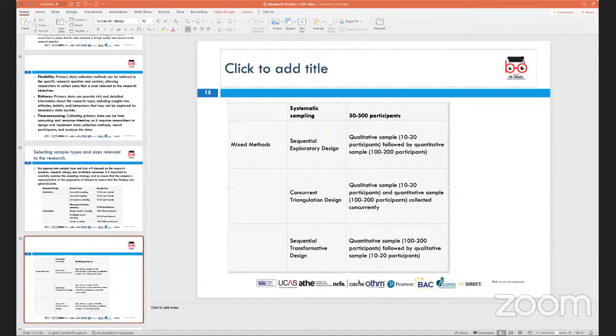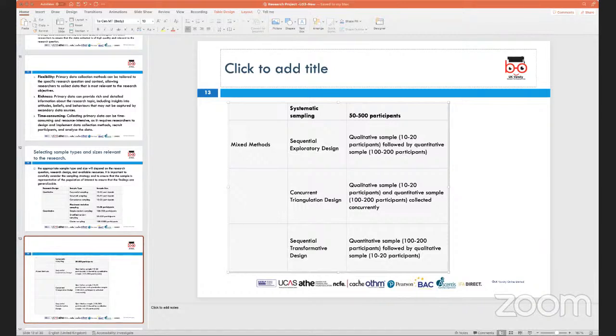Then when we look at the concurrent triangulation method, here we are going to start with a qualitative sample, and at some stage go into quantitative sampling, but the data from the two samples is going to be collected concurrently.